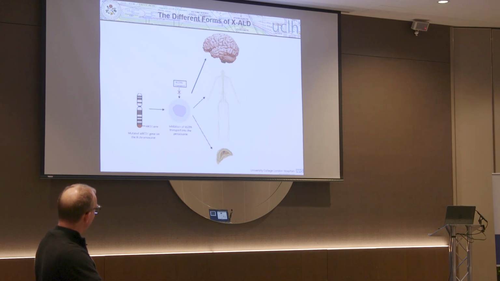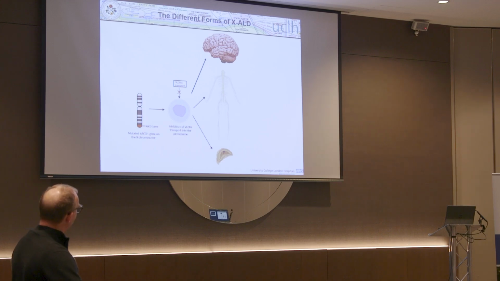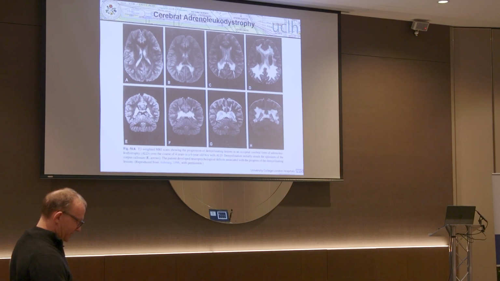The spinal cord, if you like, is part of that wiring system we've been hearing about in the leukodystrophies that takes the information elsewhere. From the spinal cord, you go out into the nerves, and the nerves go out into the limbs and take the messages both for moving muscles, but also for sensation. The brain, the spinal cord and the nerves can be affected differently. Brain disease is where we see cerebral adrenoleukodystrophy.